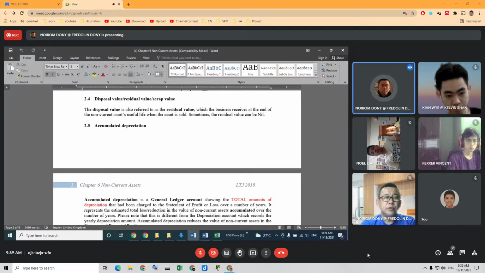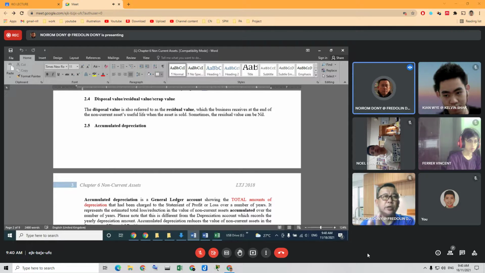Okay, look at the word accumulated, and then after that depreciation. That is actually explaining the definition to us. Accumulated depreciation refers to depreciation that has been allocated throughout the years of that particular asset.